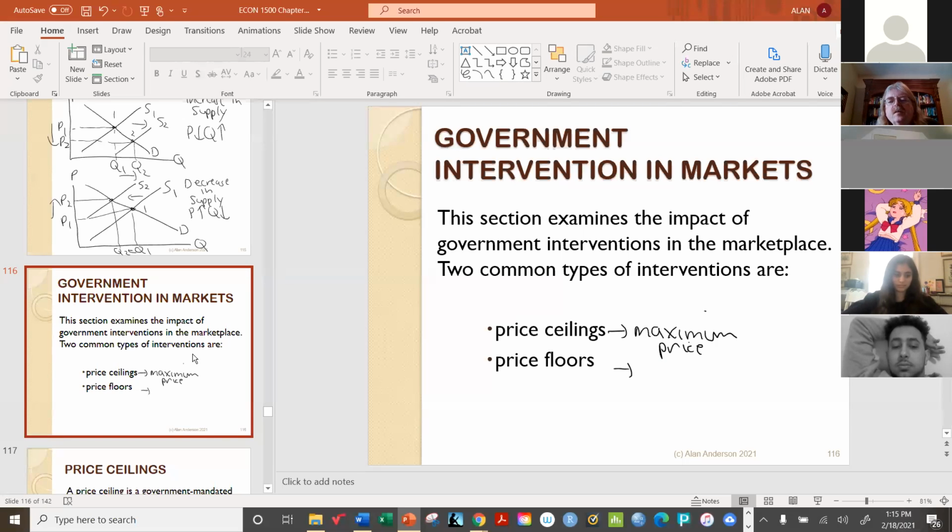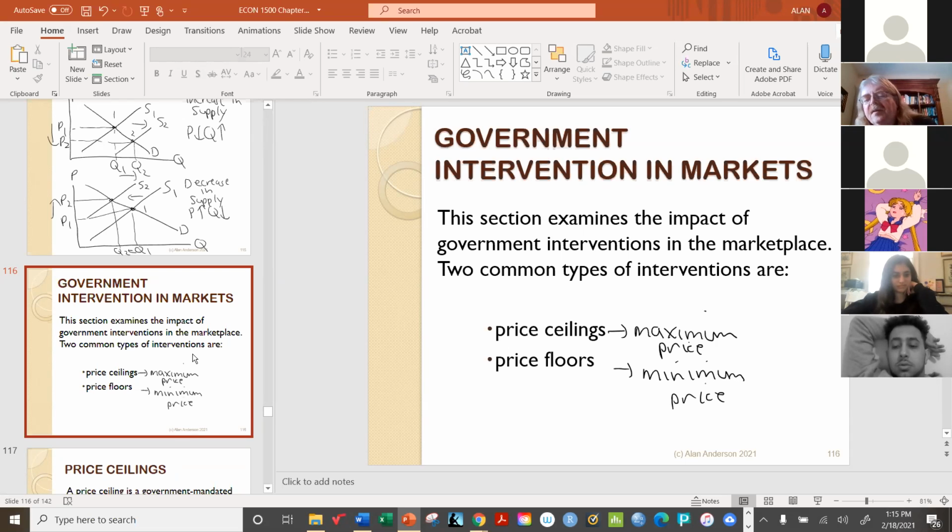And this price floor would be a minimum price. So this happens sometimes. Fortunately, this doesn't happen very often, but when it does happen, it can have pretty significant effects. So we're going to look at how these work in general and how they work for specific examples.